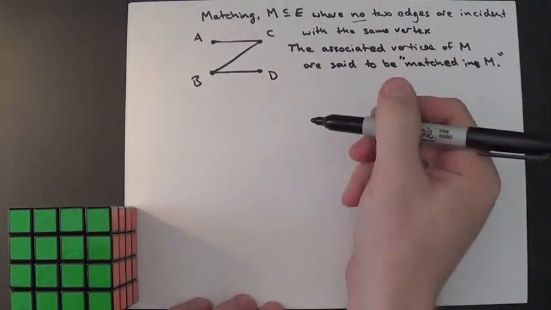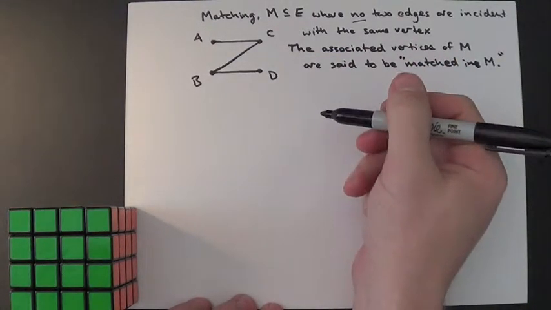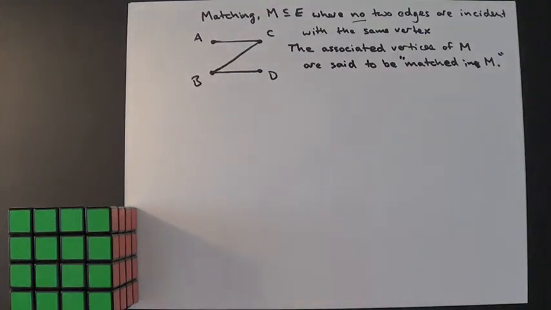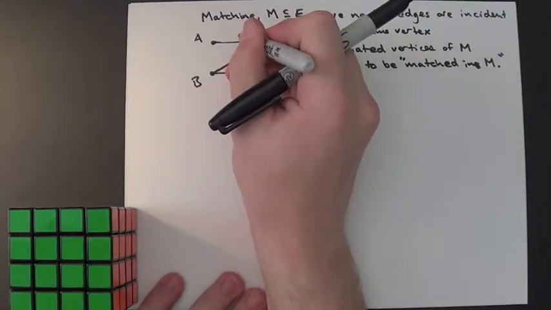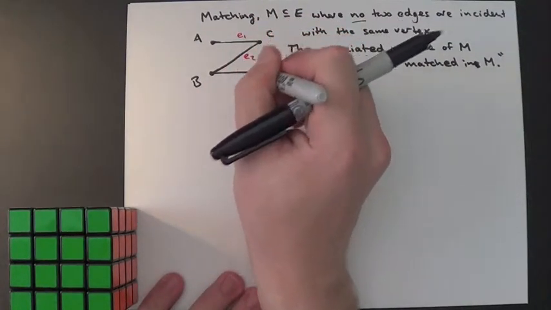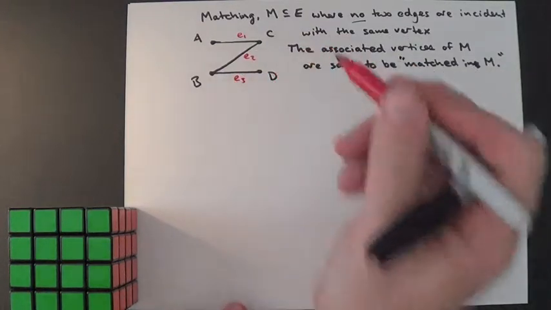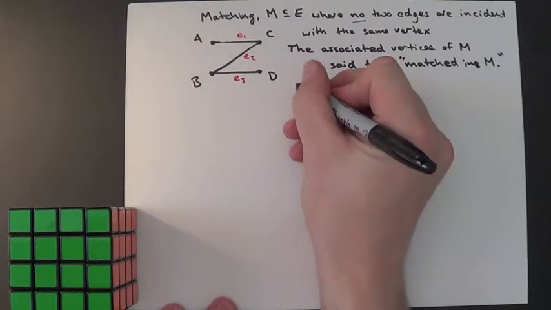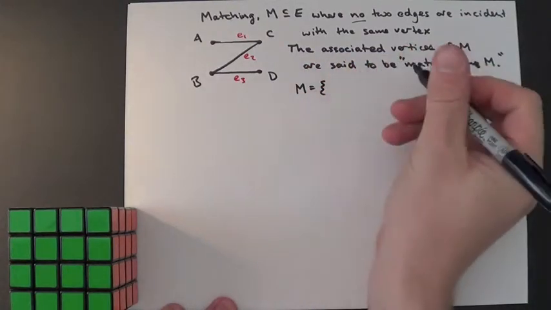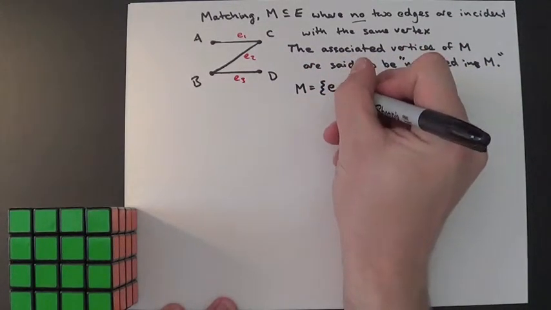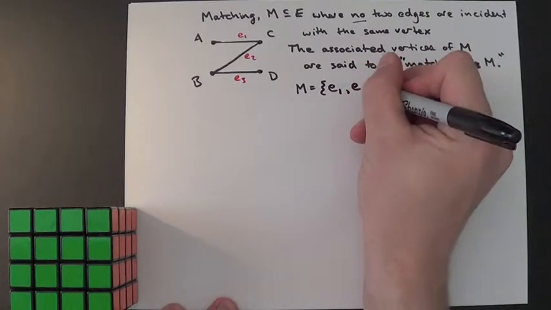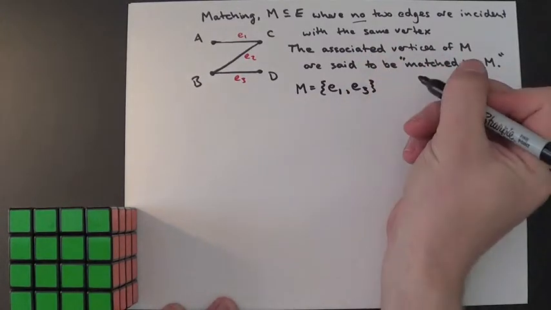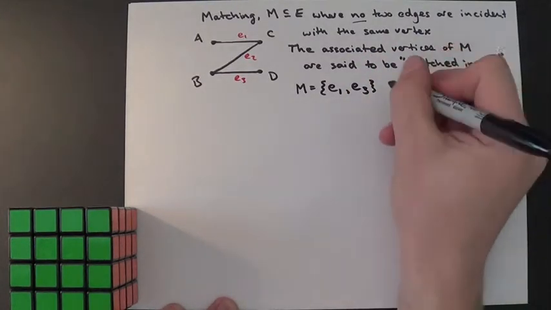Well, here we have a simple graph. And if we label these E1, 2, and 3. If we take M to be the set containing E1 and E3, then we have a matching.